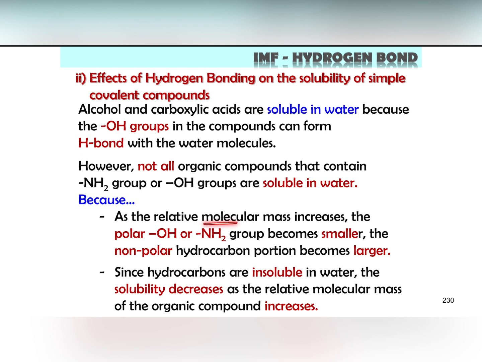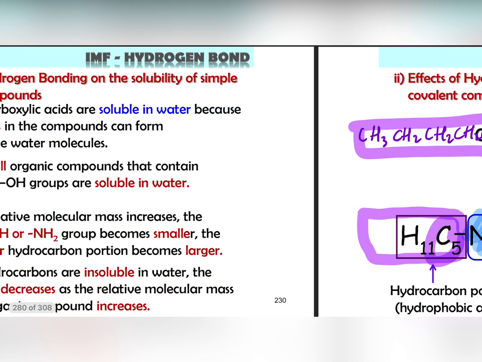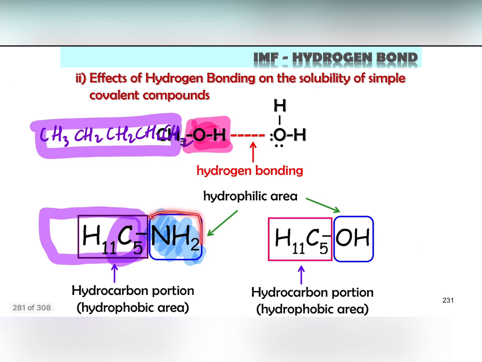As the molecular mass increase, okay, the polar of OH and also NH part will becomes smaller. So bahagian yang polar sini akan jadi lebih kecil, lebih kecil daripada yang bahagian hydrophobic tu lah.